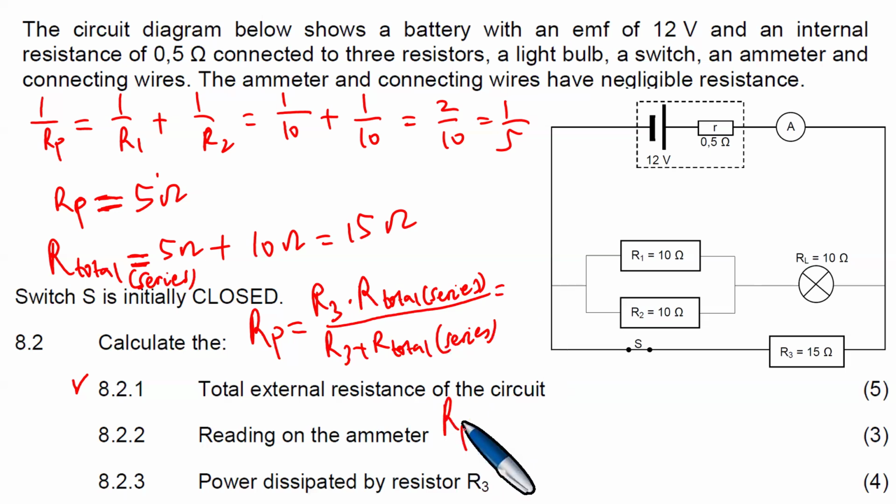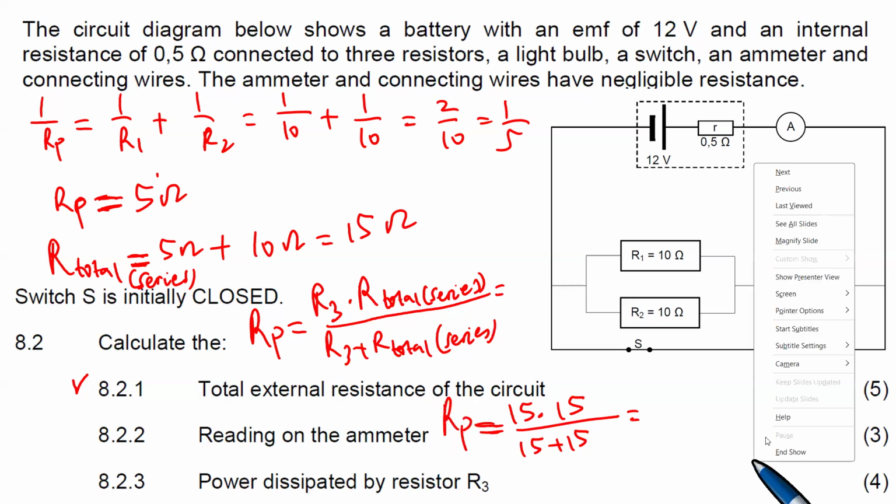So which means that R parallel. What is R3? And then you have the 15. What is 15 by 15 divided by 30?